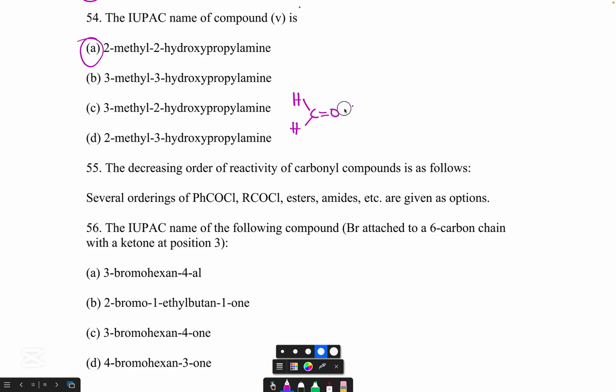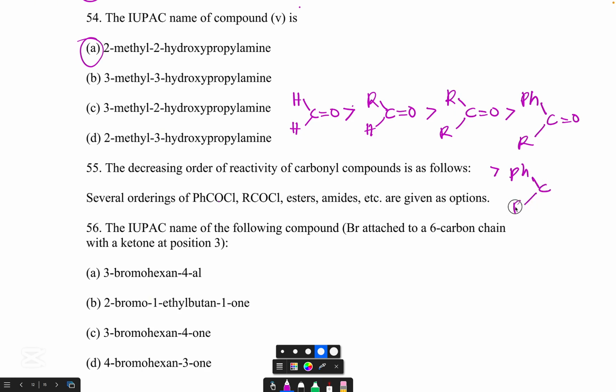C=O with nothing else is more reactive than when you add one alkyl group. It's more reactive than when you have 2 alkyl groups attached. It's more reactive than when you have 1 phenyl group attached, which is more reactive than when you have 2 phenyl groups attached because of steric hindrance. The 2 phenyl groups are bulky groups. So the more sterically hindered it is, the less reactive it becomes. So option A is the correct answer to that question.